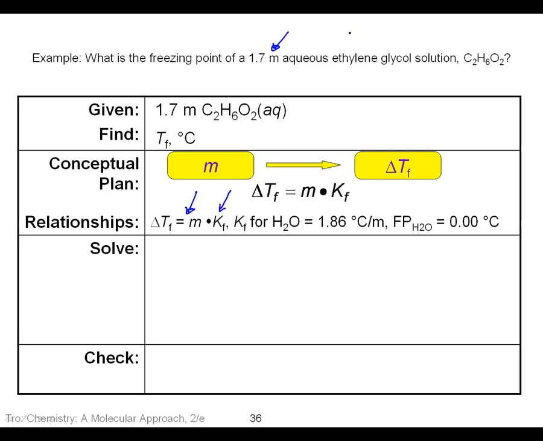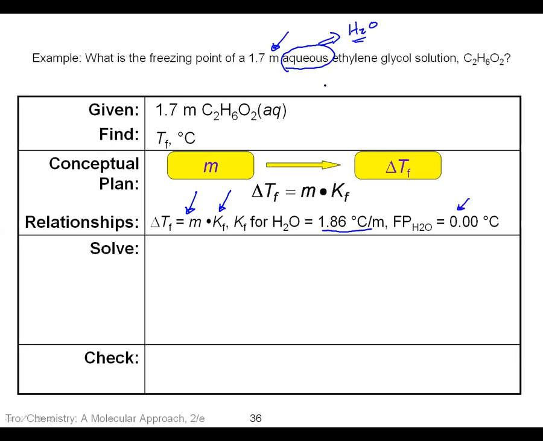That's usually a pretty big hint that we're talking about a water-based solution, and water is the solvent. That's why when we went to the table, we looked up the value for water. And because water is what we're dealing with, the normal freezing point of water is 0 degrees Celsius.